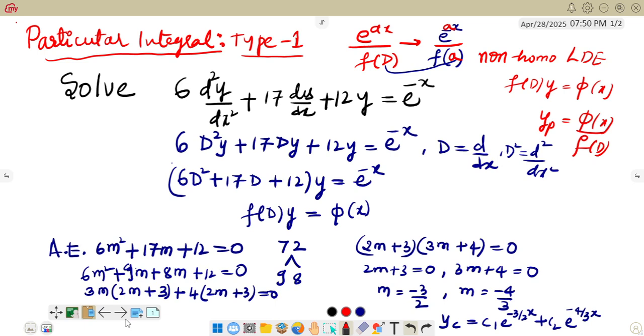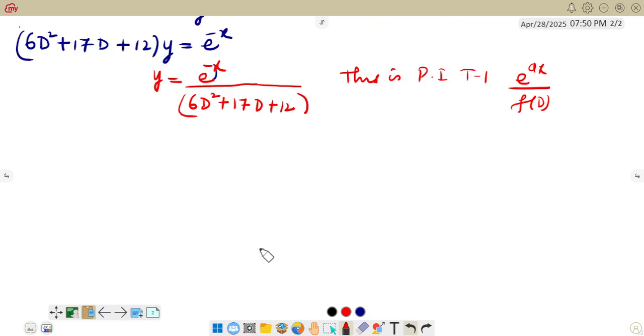So here, what is the value of a? This is a type 1 example, so we need to replace D by a. The a value is minus 1; just compare with this, you will get a is equal to minus 1 in the denominator.